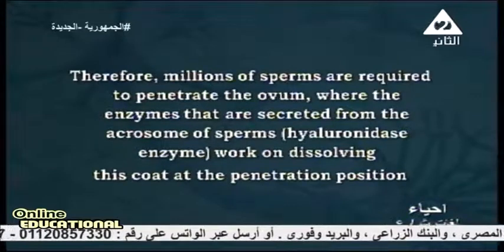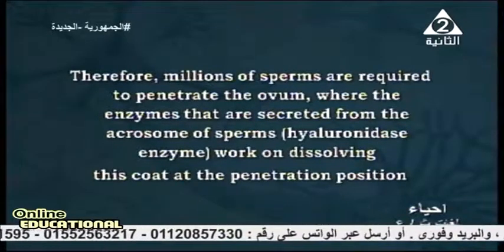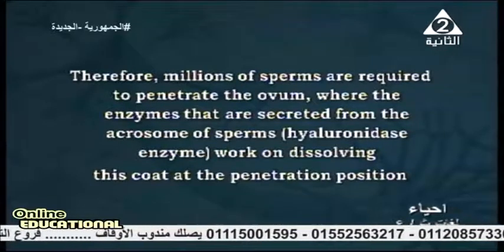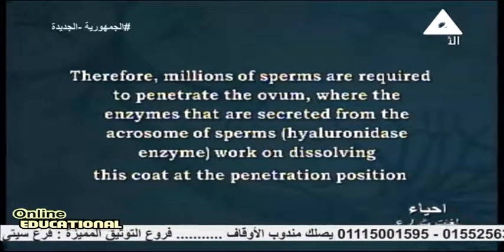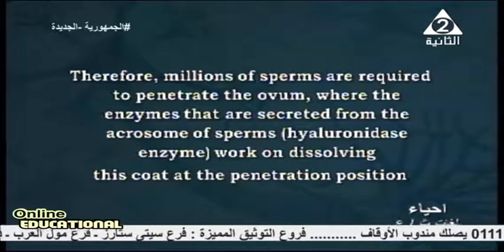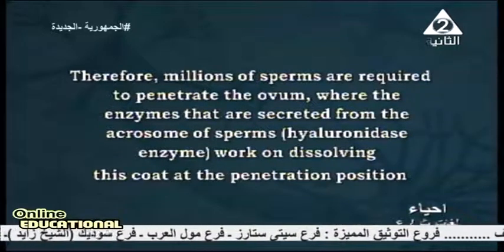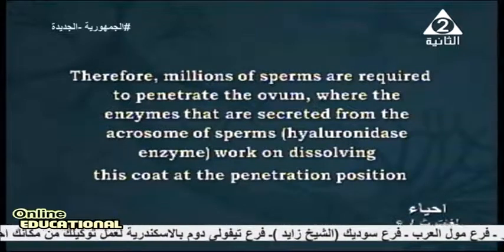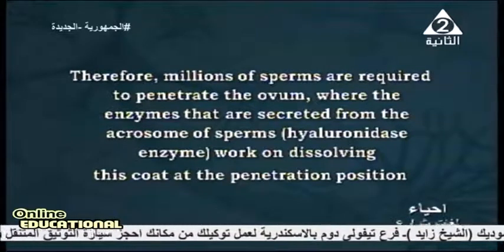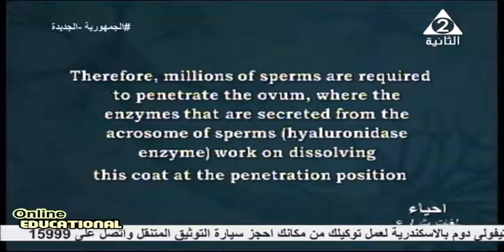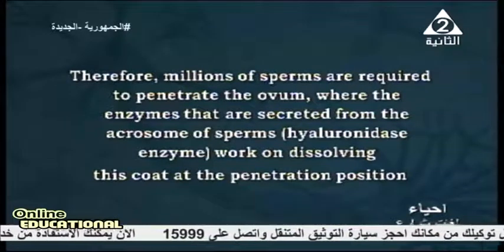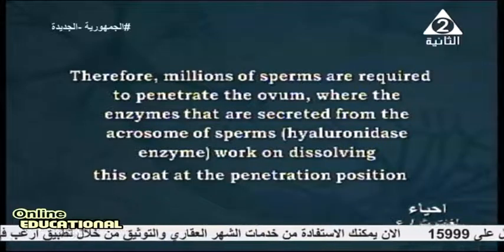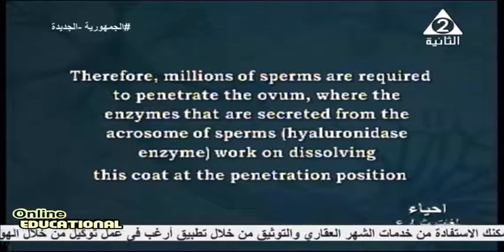Therefore, millions of sperms are required to penetrate the ovum. The number of sperms may reach 300 to 500 million. These sperms penetrate the ovum by secreting the hyaluronidase enzyme, which I described, and it is secreted from the acrosomes of the sperm.